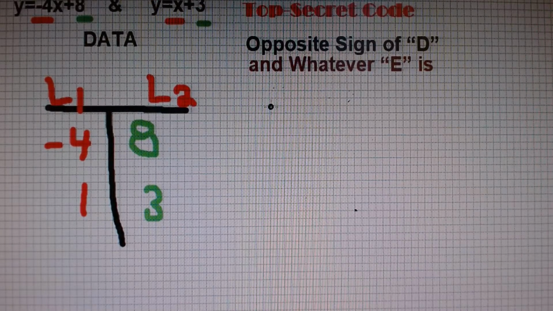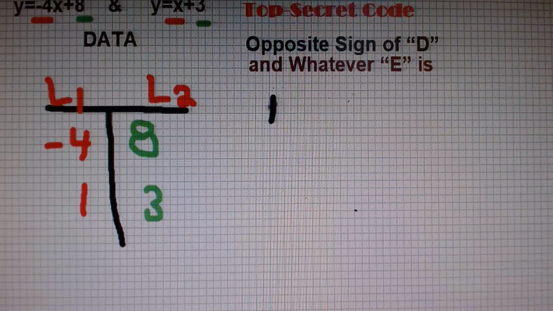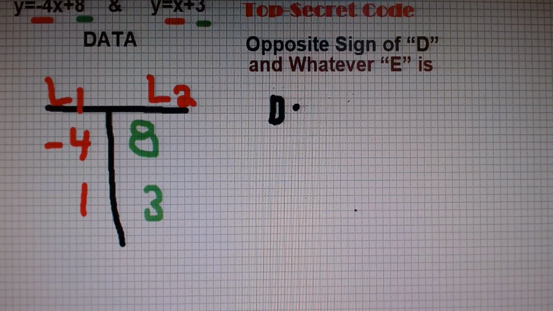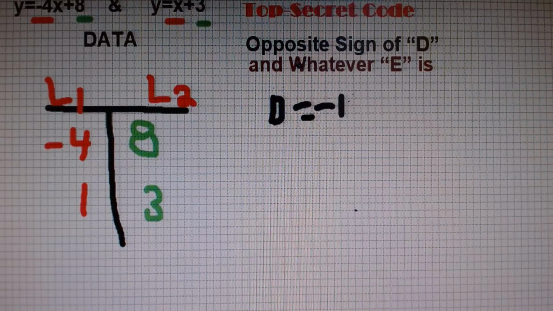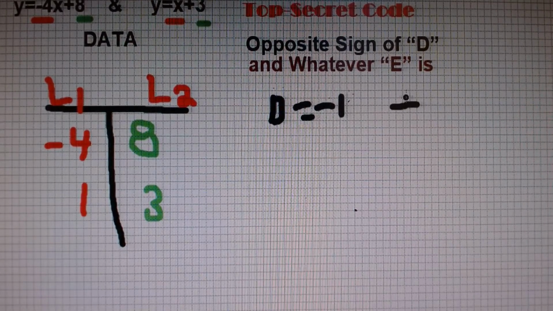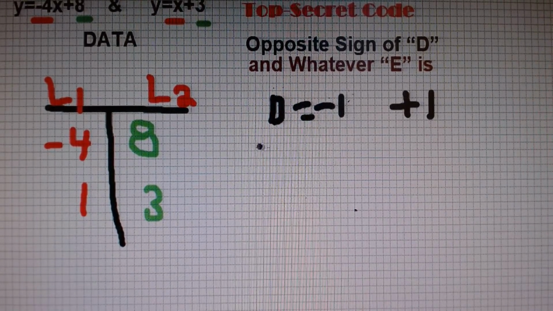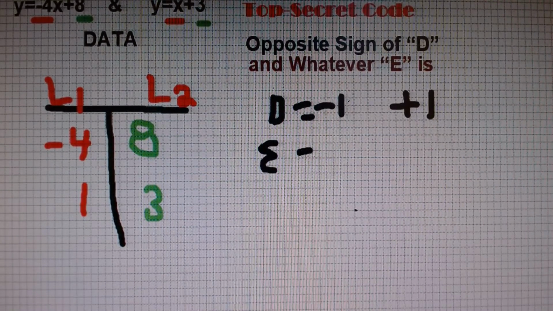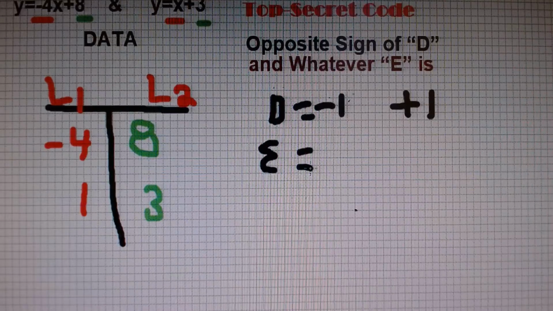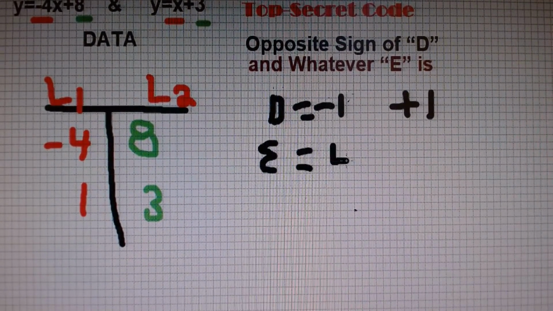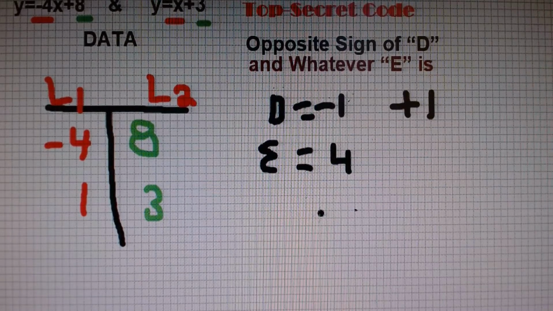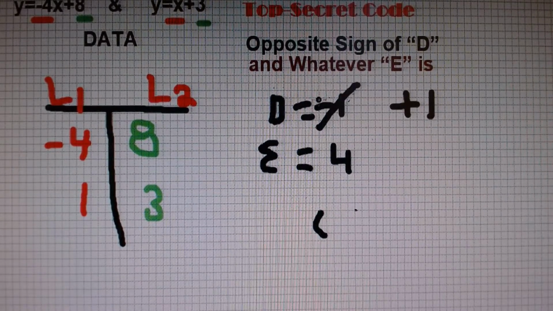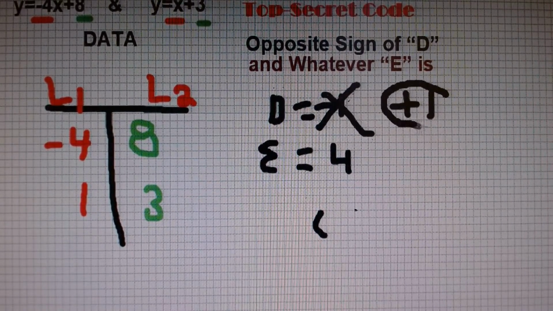So in the calculator, remember that D actually equaled -1, and since it's the opposite sign of D, I'm going to change it to a +1. And E, which is going to be my y coordinate of my solution, was 4, and so therefore my solution will be not -1 but +1, its opposite sign.